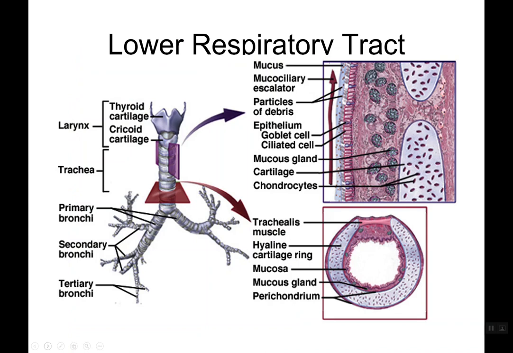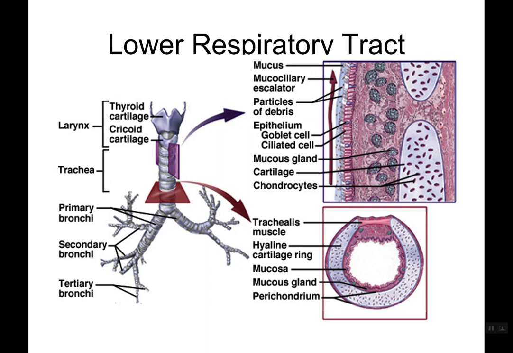Okay, so now we've cleared the upper respiratory tract entirely, and we're going to descend to the lower respiratory tract. The lower respiratory tract has the trachea and bronchi, and the bronchi and bronchioles are an increasingly smaller series of tubes, and the histology of this region changes the further down you go.